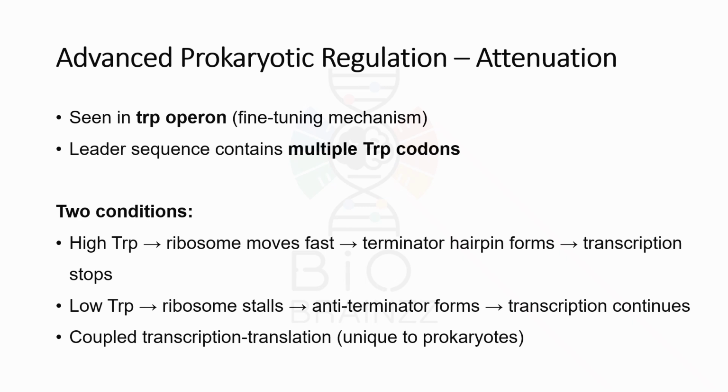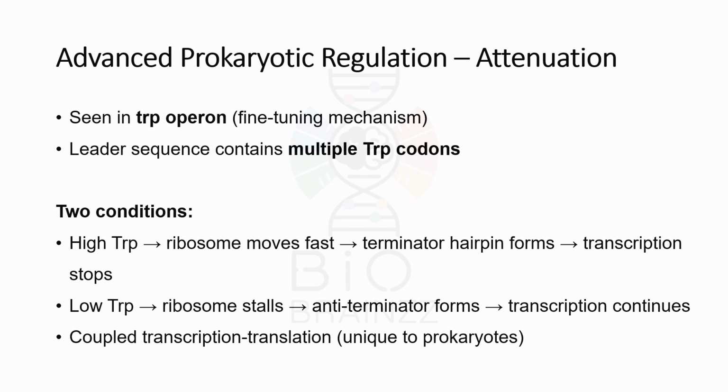Advanced prokaryotic regulation is a fine-tuned mechanism seen in the trp operon. It depends on the leader sequence, which contains multiple tryptophan codons. This mechanism links transcription and translation together.